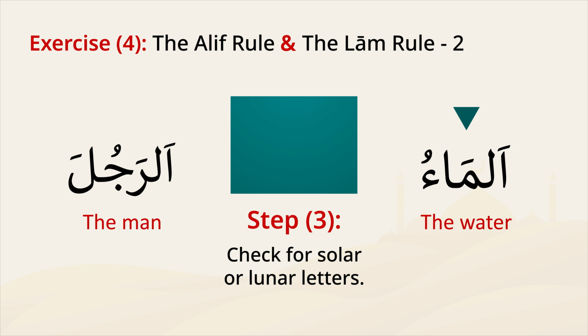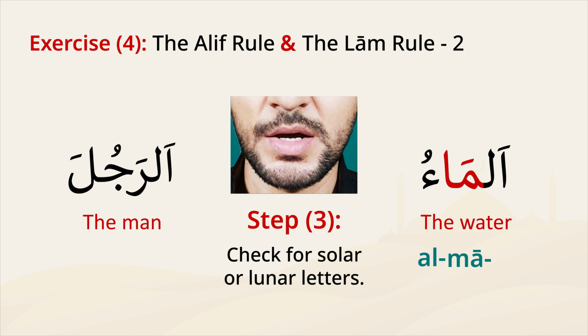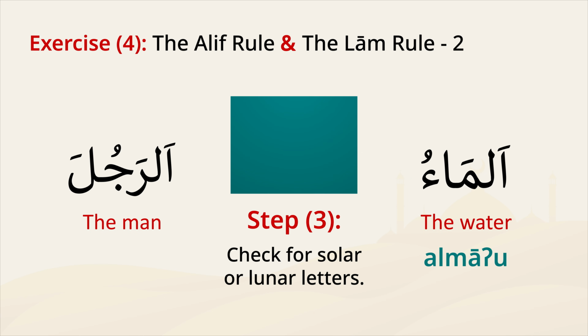Well, the first one will be al-ma'u in 3 syllables. This one is easy because the first letter, meem, is lunar, and so is the lam of its definite article. That's why it's pronounced.